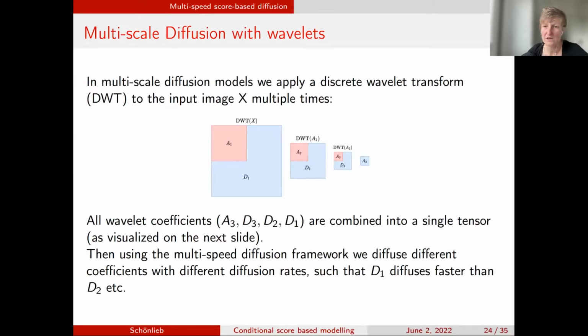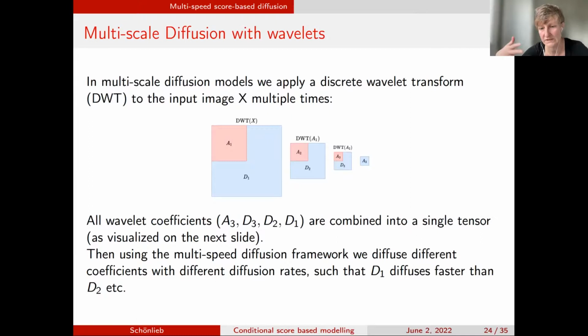And then you use different diffusion speeds for different parts of the wavelet coefficients. So you could diffuse, for instance, the higher frequencies faster than the lower frequencies, and so on.